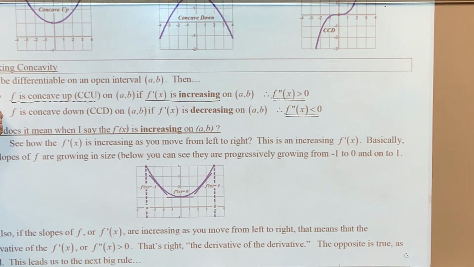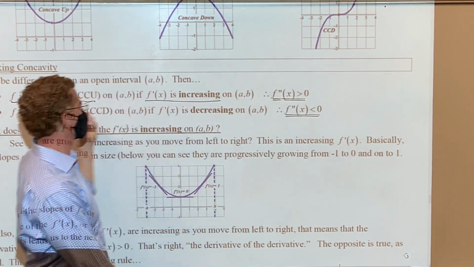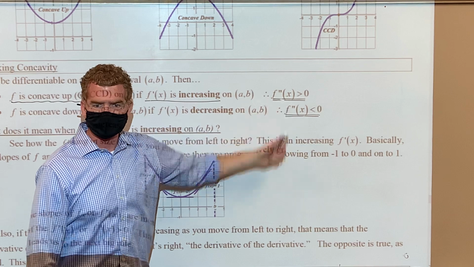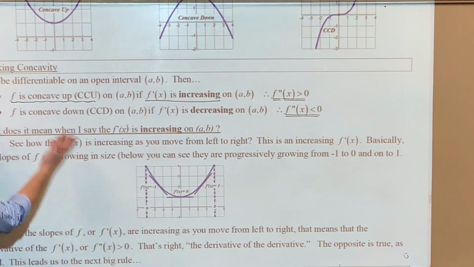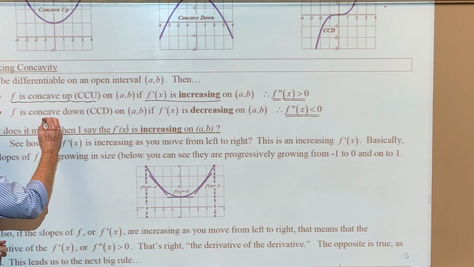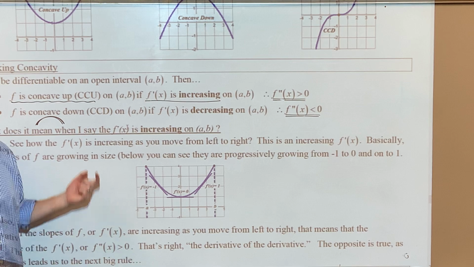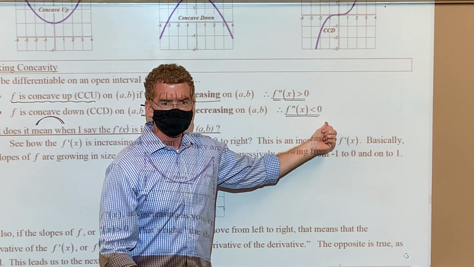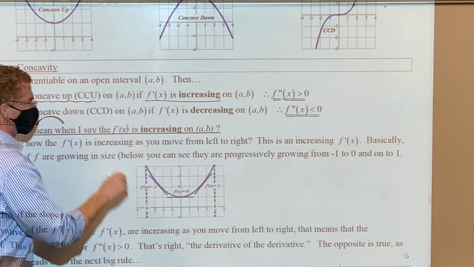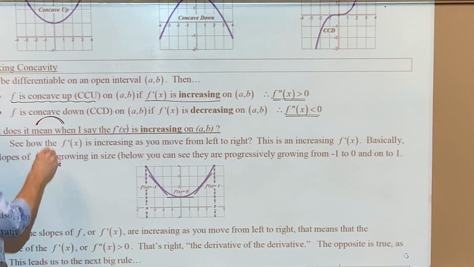You now have a link between the first derivative, the second derivative, and the original function. And then the converse of whatever is true for f. If f is concave down, so if you look at the f function and it's concave down, then you know that the second derivative must have been negative there. But you also know the slopes were decreasing.